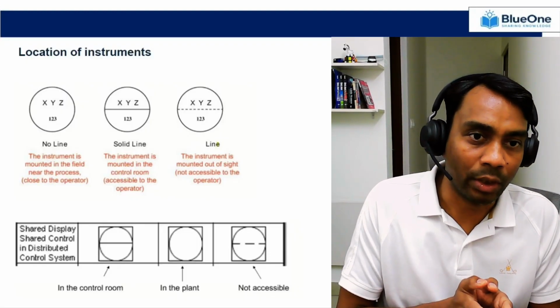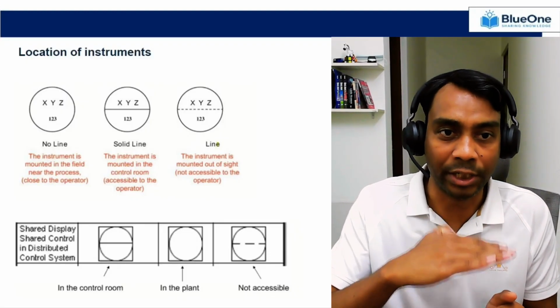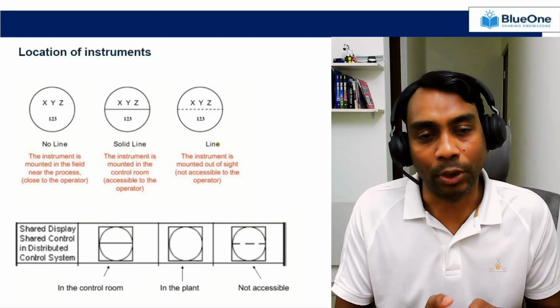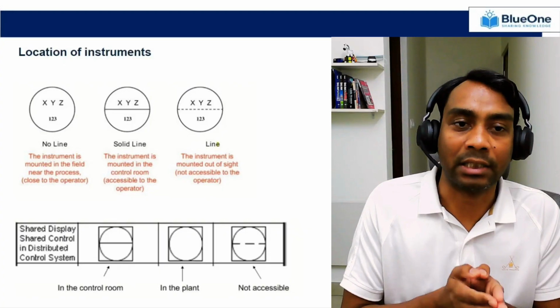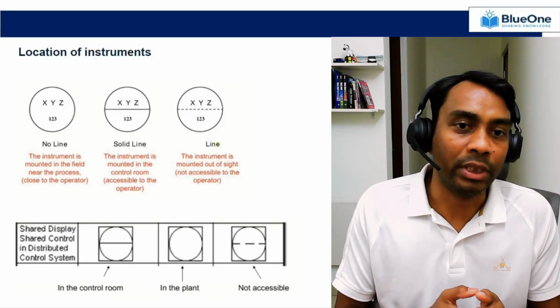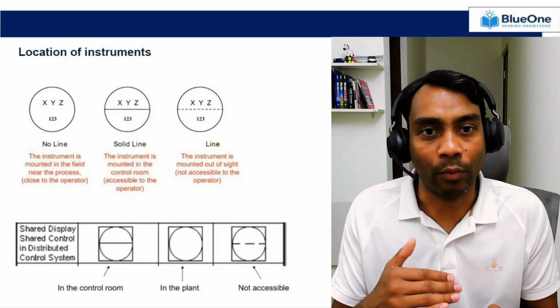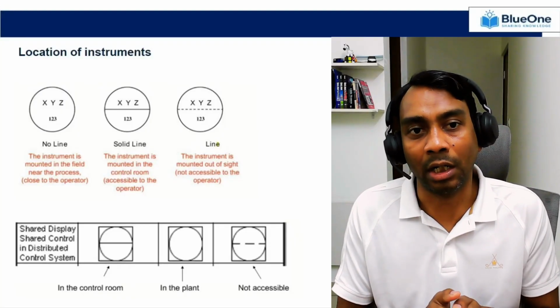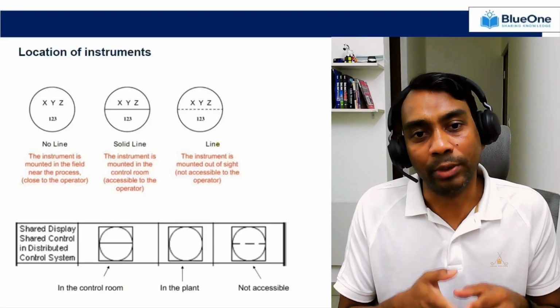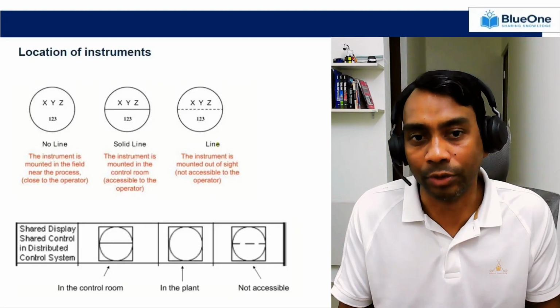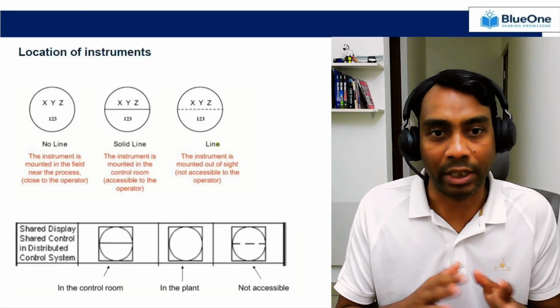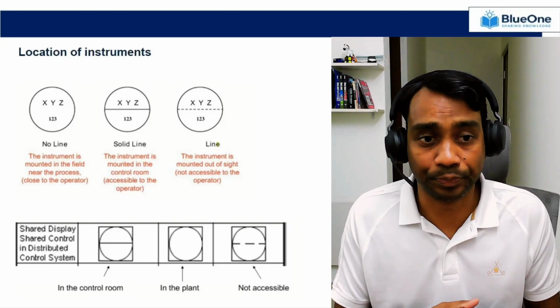If you see an instrument with a solid line in the center, it means this particular instrument is located in the control room, okay, and accessible to the operator. If you see a dashed line in the circle, it means the instrument is mounted out of sight. Okay, it is not accessible to the operator. So that indicates your dotted line in center.